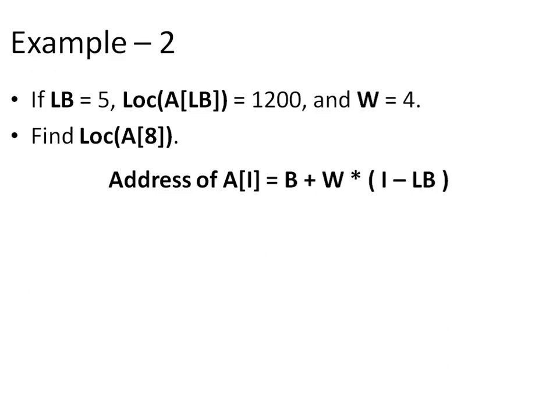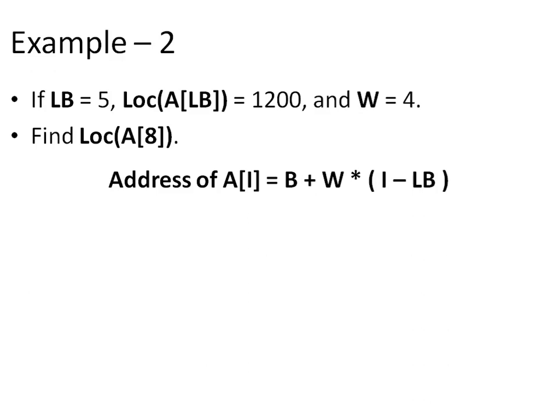The required information may be provided in a variety of ways. For example, here the lower bound for the index is given as 5, and instead of the base address, we are provided with the address of the element at index position 5, which is equal to 1200. The number of bytes required to store a single element, that is W, is given as 4 and we have to find the address of the element at index position 8. So again, using the same formula, we can continue.